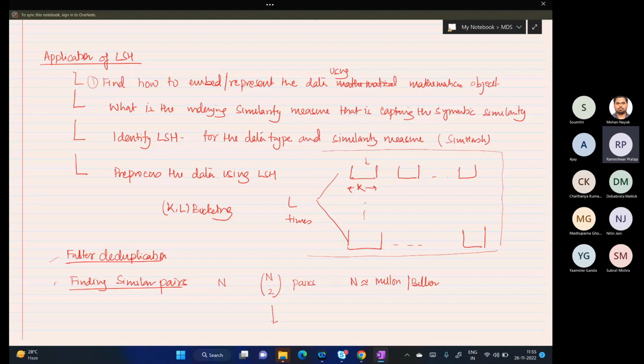For that, some domain knowledge would be required. But the job of LSH starts once we have identified this first and second step.